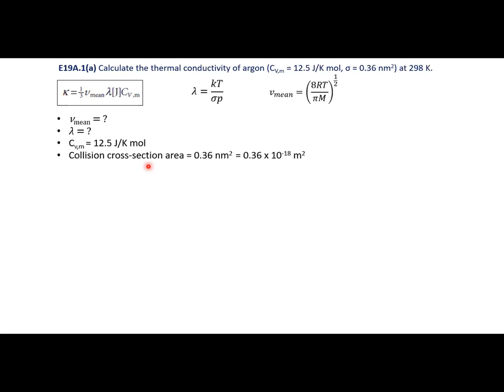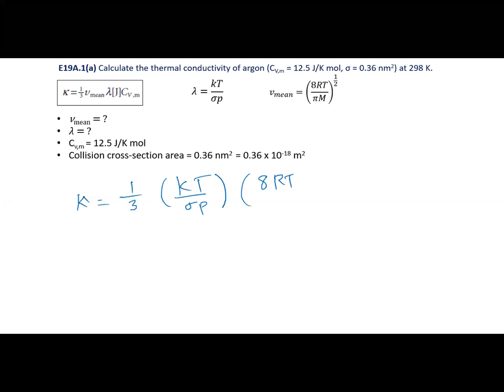equation, and that is kappa is equal to 1 over 3, kT over sigma P, times 8RT over pi m to the power half.